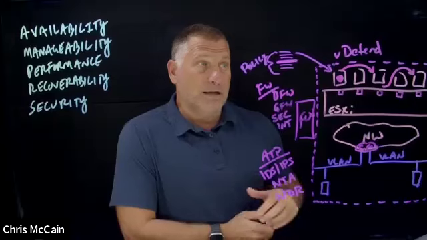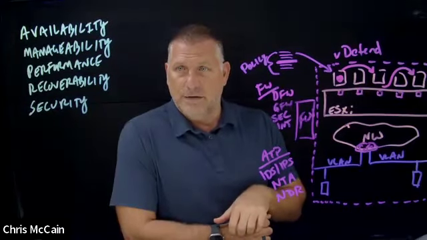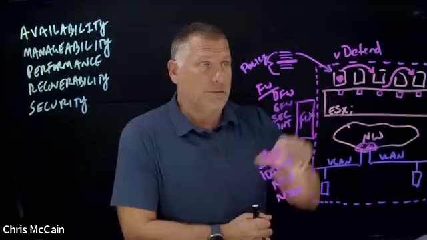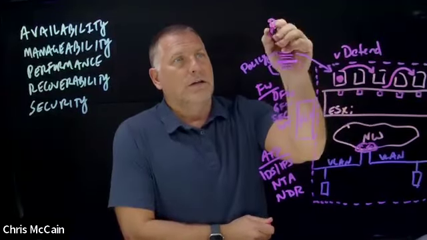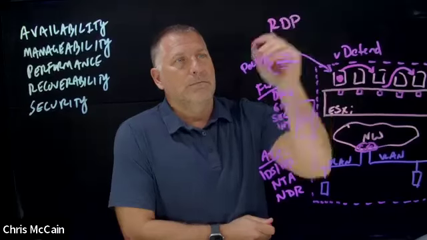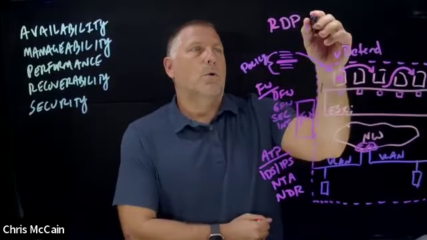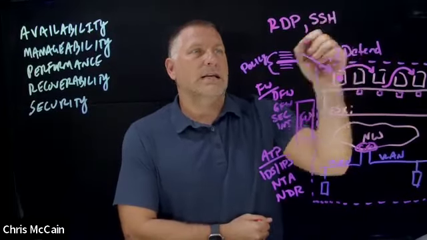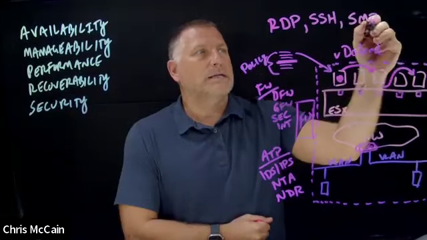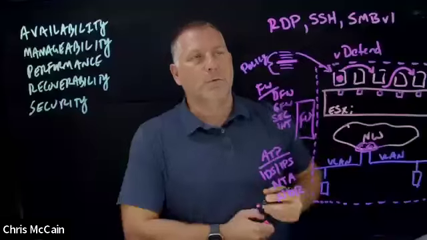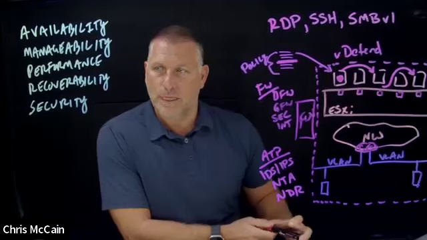Now, that movement can happen in different ways. The top 3 ways that lateral movement happens are using RDP, the ransomware distribution protocol, or SSH, or SMB, particularly version 1, which is a really old and really vulnerable protocol.